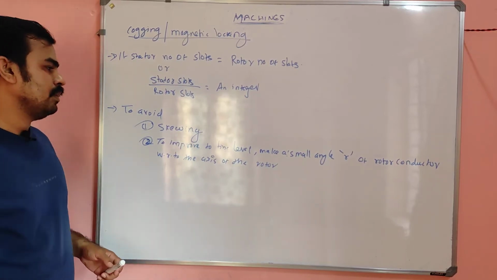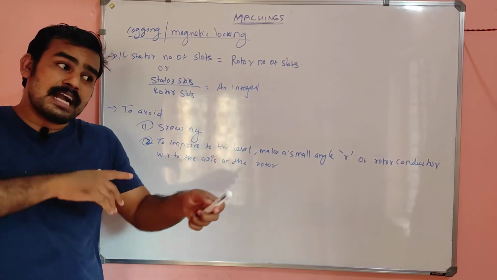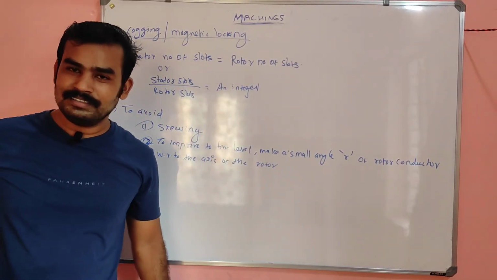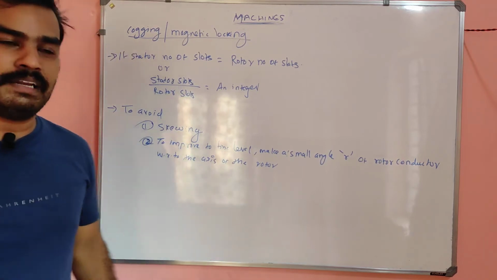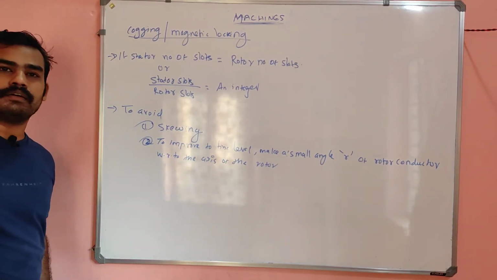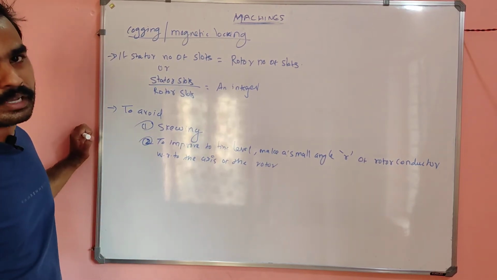That means after skewing the rotor slots, the conductor also makes a small angle. Then there will be perfect skewing, and there will not be any cogging or teeth locking. There is another name: it is called teeth locking.